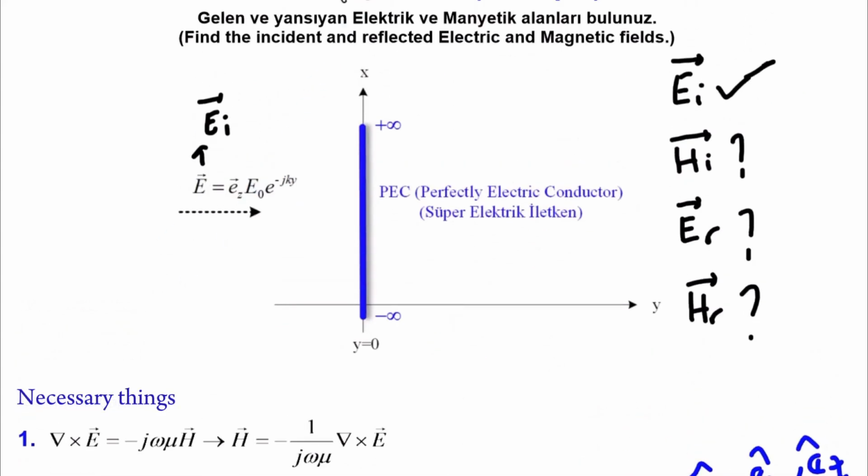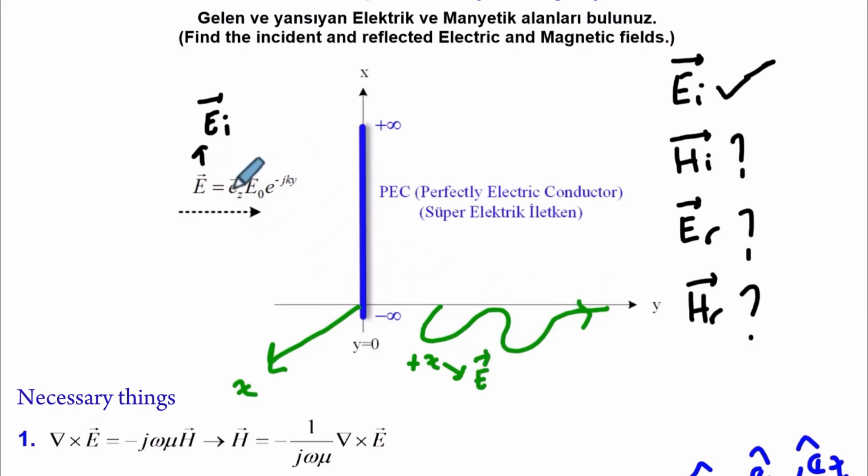Now I have two of them clear. I'm doing a verification. Look, I'm saying, where does my electric field extend? If we draw like this for here, for example, let there be a z-axis here. For example, let this side be the positive z direction. My electric field is progressing like this in the positive z direction. Look, this is the electric field. Where is the propagation direction that we are talking about? Where is this wave progressing?